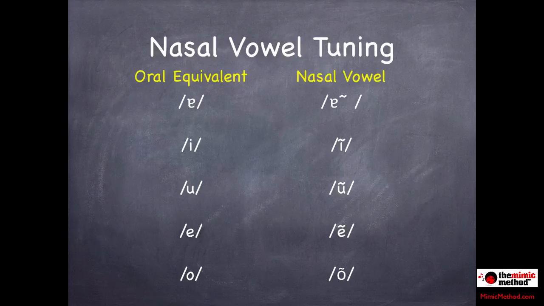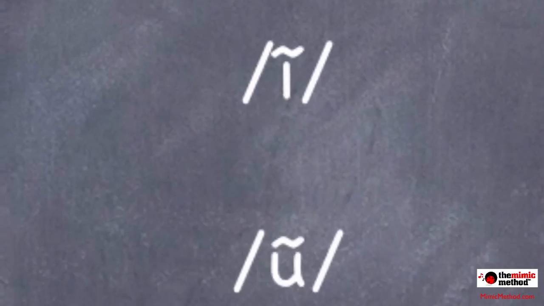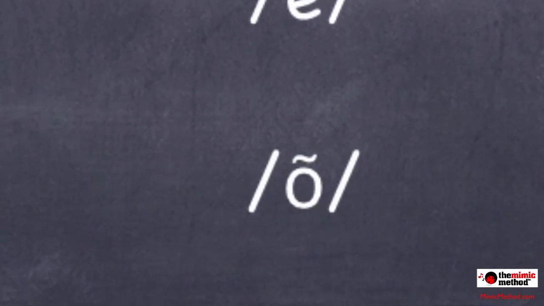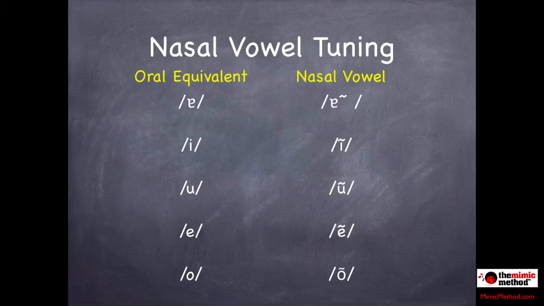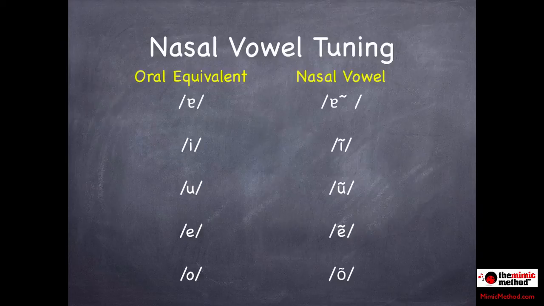Once you figure out how to relax and contract the velum at will, your next task is to tune the Portuguese nasal vowels. Here are the Portuguese nasal vowels again. To practice tuning these vowels, start with their oral equivalent. Then relax the velum to add the nasalization on top, like this.